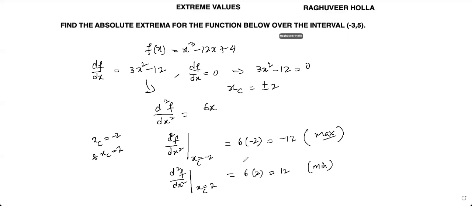Now, let us evaluate the function at the endpoints, which are given as x as minus 3 and x as 5. Okay, so let us substitute it.